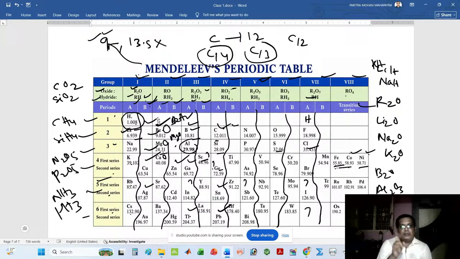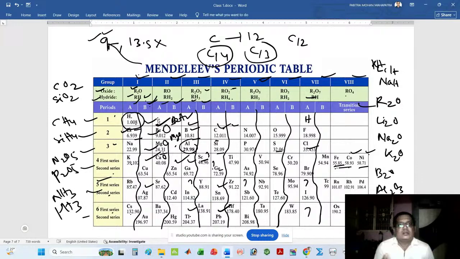Yes or no? But in the case of an ion, the definition changes. For a neutral atom, we can say that atomic number is equal to the number of electrons. When you know the atomic number of an element in the modern periodic table, then you can say the number of electrons present in the atom. Again, we know that the number of electrons is equal to the number of protons.